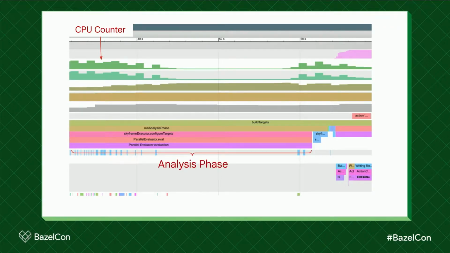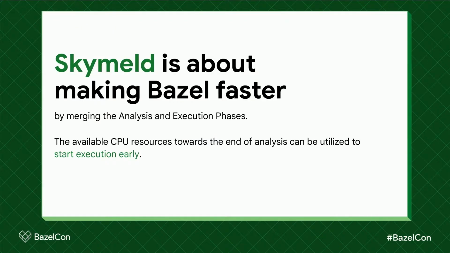Right here, you have the analysis phase. And if you look closely, towards the end of analysis, we basically have a lot of idle CPU resources. We just are doing nothing with it. And this is exactly how we can make Bazel faster by merging the analysis and execution phase. Or in other words, using this CPU resource to start execution early.